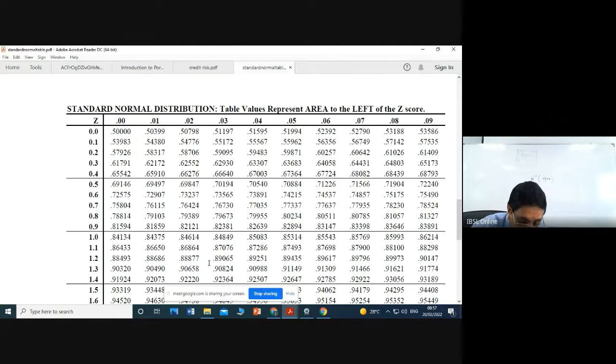So what we need to do is divide this. Our figure is 0.8906. From 0.88877 to 0.8906, the value is 0.00183.